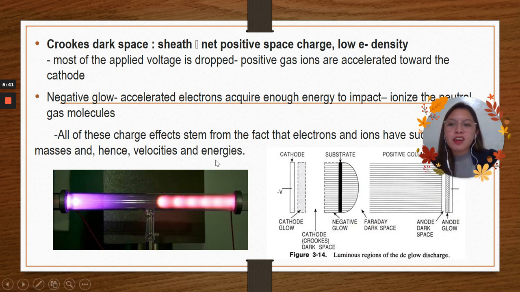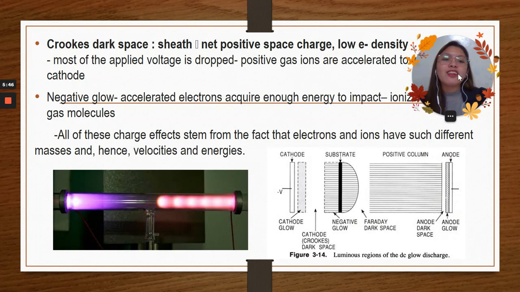All of these charge effects stem from the fact that electrons and ions have such different masses and hence velocities and energies. Again, this is the cathode, where electrons enter the electrical device, and this is the anode, where the electrons leave the electrical device.